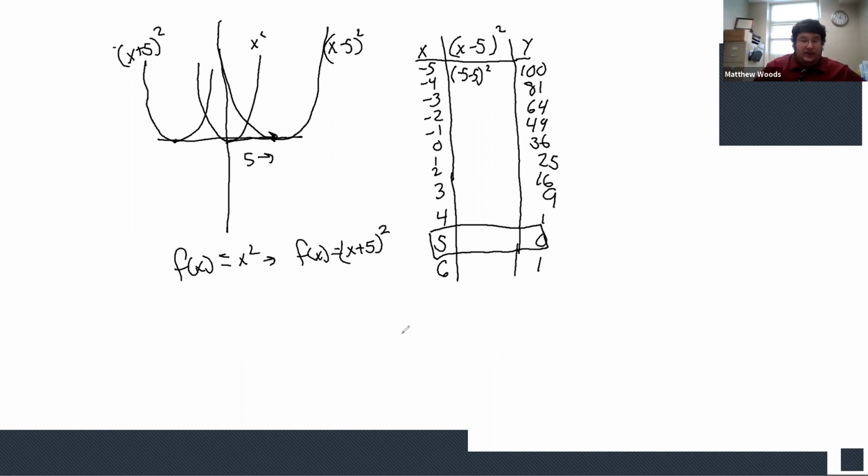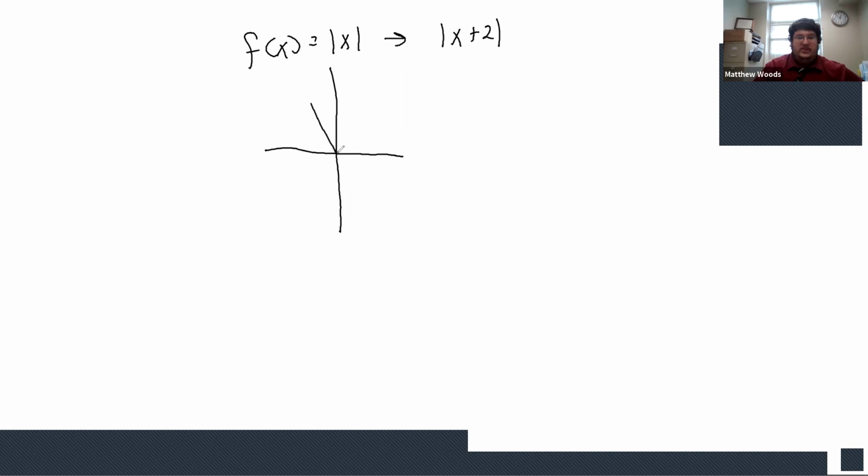So for example, if I switch to an absolute value function, going to absolute value of x plus 2, we'd expect that the absolute value function, remember it's the V that looks like this, shifted over to here.